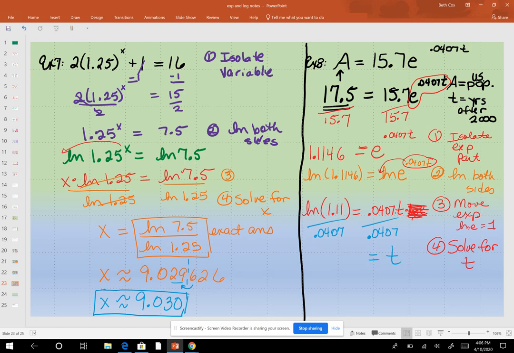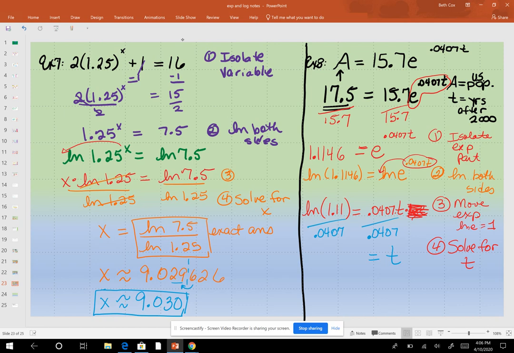Okay, so now I'm going to do the natural log of this decimal I have saved in my calculator, close parentheses, equal, and then I'm going to divide by this 0.0407.